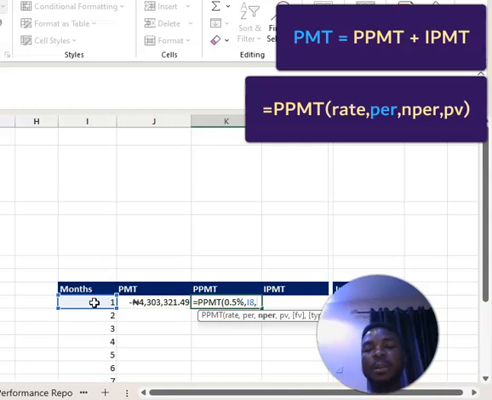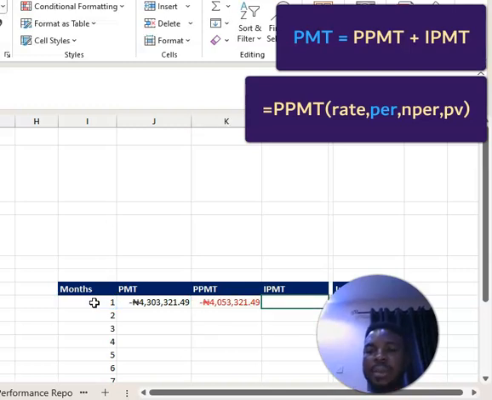Then I am expected to pay for 12 months, which is my NPER, 12 months. Then I have also my PV, present value, which remains 1, 2, 3, 4, 5, 6, which is 50 million naira. Then I can close the brackets, right?